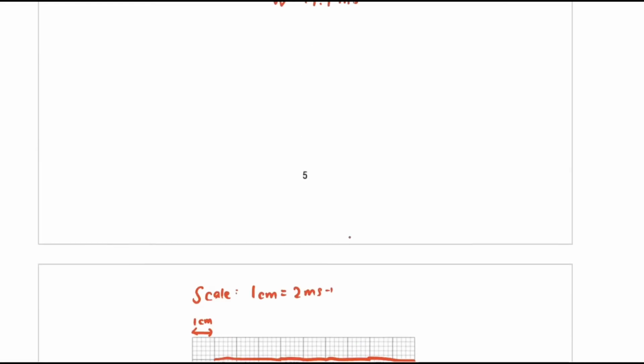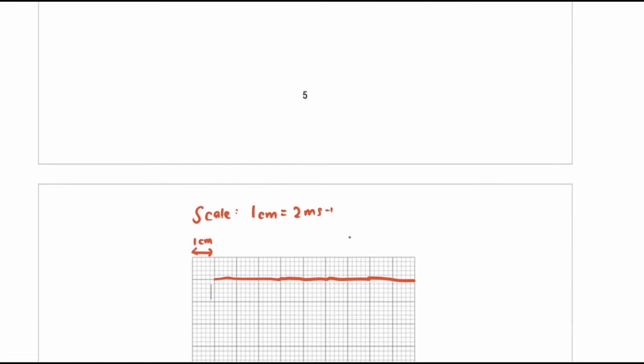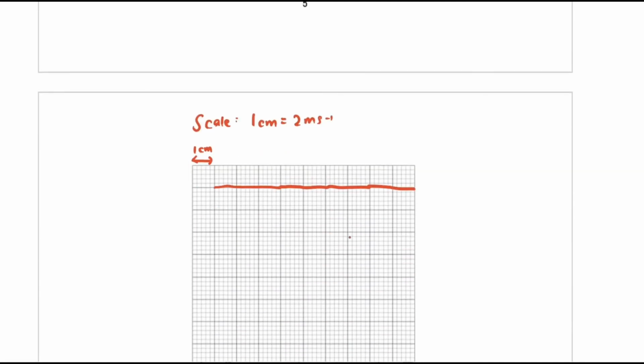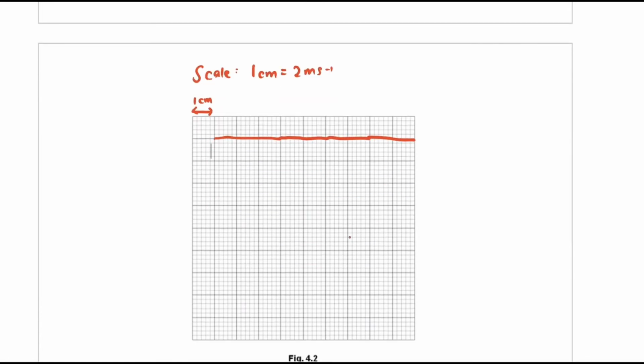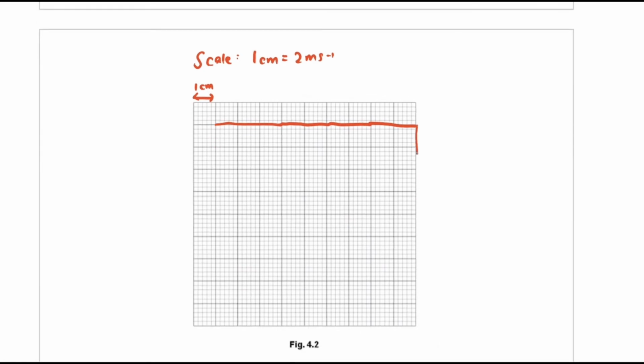And then the vertical is 17.7. 17.7 divided by 2 gives 8.85 cm. So 8.85: 1, 2, 3, 4, 5, 6, 7, 8, 8.85.